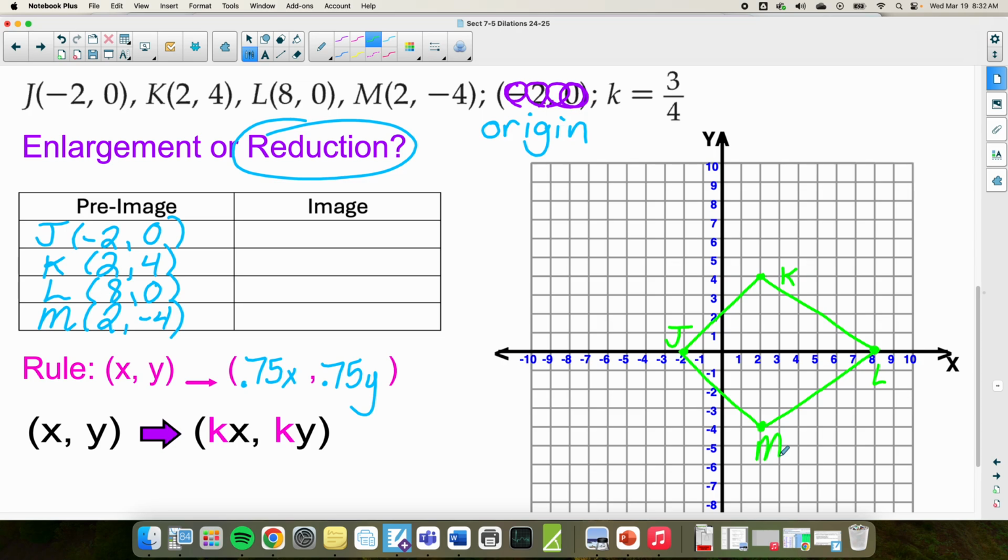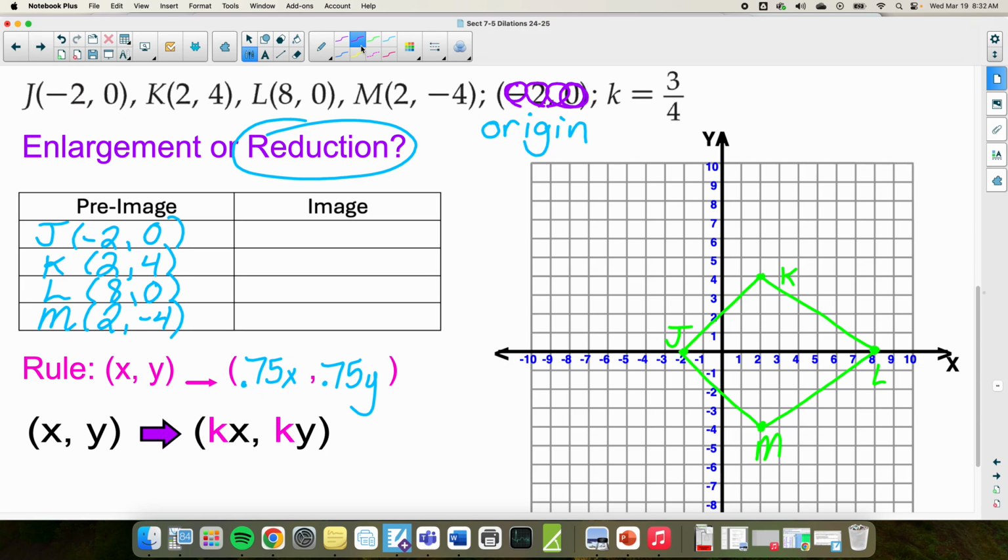Okay, now what I have to do is figure out what are the coordinates of my first point once I do a reduction of 3/4. So what you're gonna do, and you can certainly use your calculator for this if you need to, is take all of these coordinates and multiply each one by 0.75, okay?